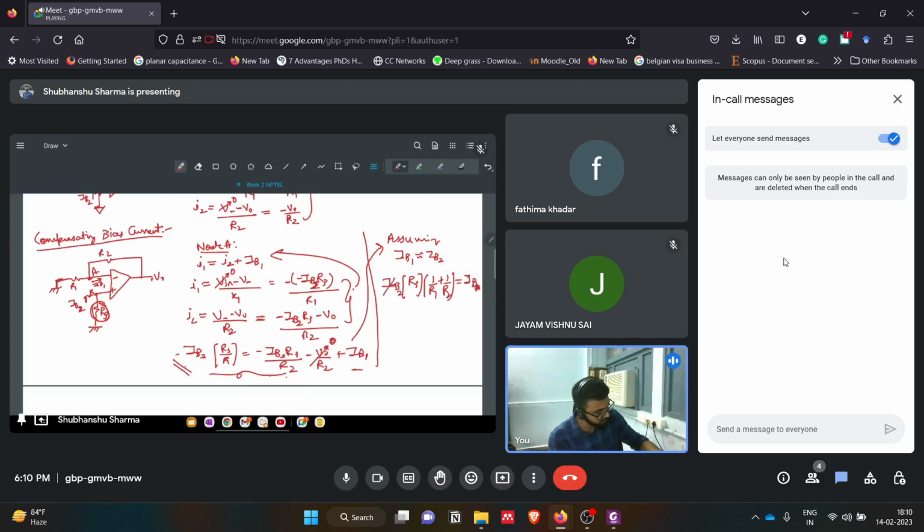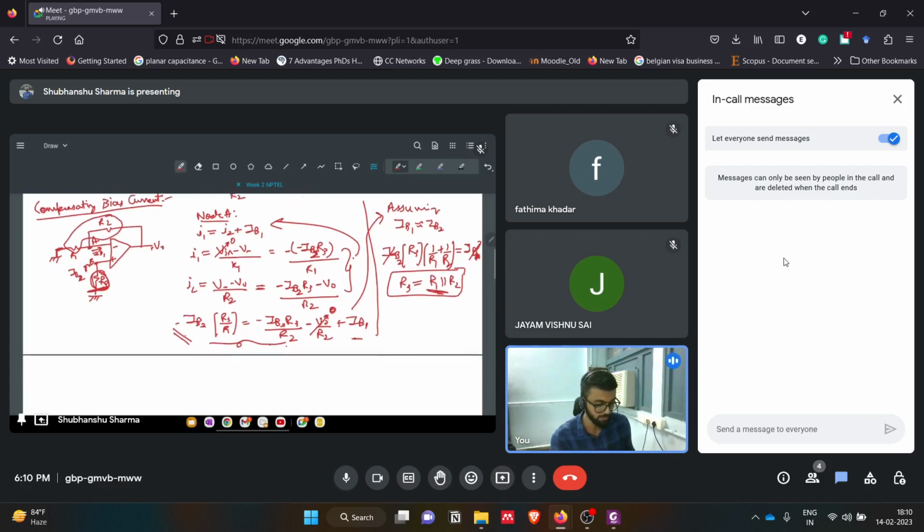Since these were the same, we can say R3 equals R1 parallel R2. So what does it mean? It means that if the resistance here is equal to the parallel combination of these resistances, then we can compensate this bias current.